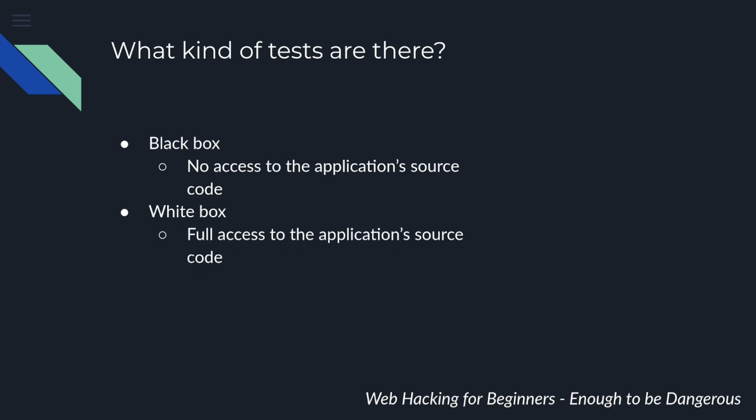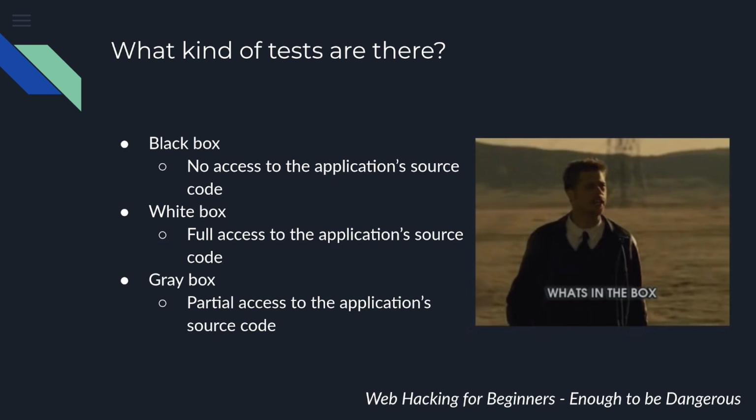The complete opposite of that is a white box kind of test. You have full access to the application source code. You can see how the application works, how it handles input, how it handles data and processes it. And then you can also use that hand in hand to develop attacks against it. And then somewhere in the middle there is a gray box. A gray box test is where you have a little bit of both. You may have some access to the application source code or maybe some developer documents provided to you by who you're testing with, but at the end of the day you don't have full control over it.